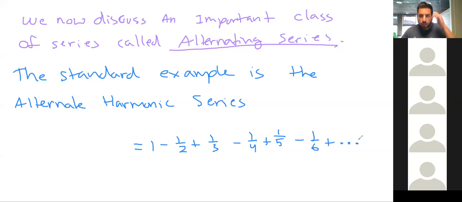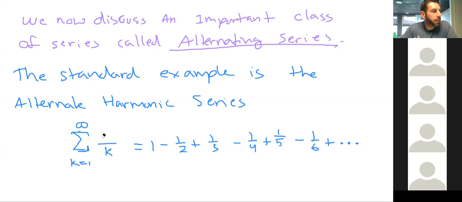And so the first thing we need to do is, how can we write this compactly? How can I write this in our notation with the sigma? So we know that this is like 1 over k. But how do we make it so that it alternates the sign each time? Well, one way to do that is to take advantage of a fact that you learned many, many years ago.